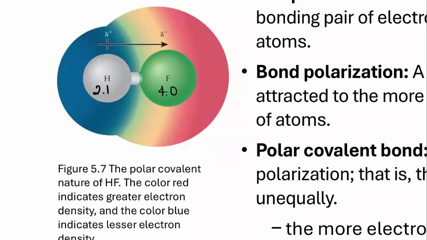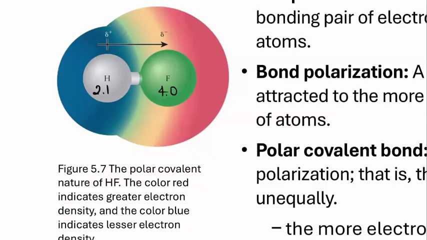This bond polarization can be illustrated with different symbols. The symbols include partial charges. Whenever we have a partial charge, you see the symbol delta, this S-looking symbol right here. Since fluorine is more electronegative than hydrogen, fluorine gets a partial negative charge, and we write it as delta minus.